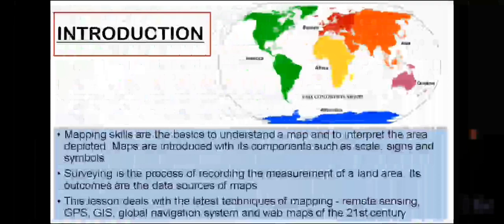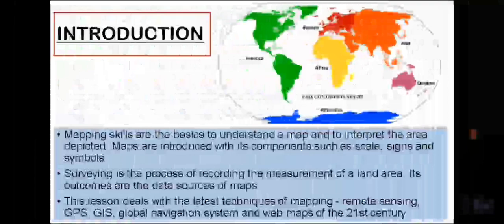Introduction. Mapping skills are the basis to understand a map and to interpret the area depicted. Maps are introduced with their components such as scale, sign, and symbols.